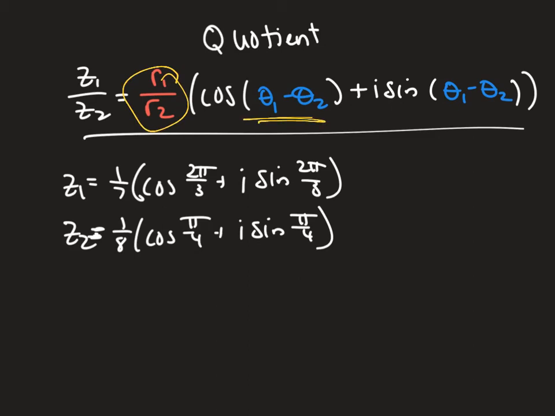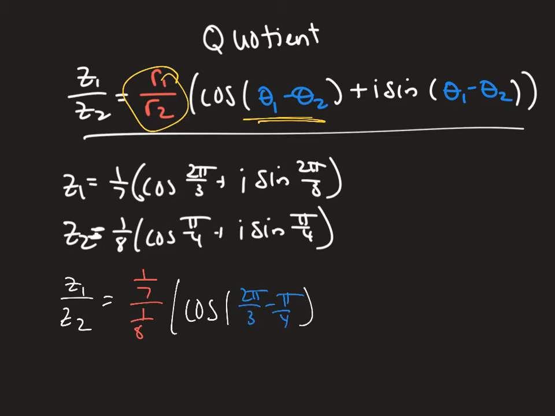So looking at this one, for the quotient, if I write z1 divided by z2, it's going to be 1/7 divided by 1/8 times the cosine of, and then you just subtract those, 2 pi over 3 minus pi over 4 plus i sine 2 pi over 3 minus pi over 4.